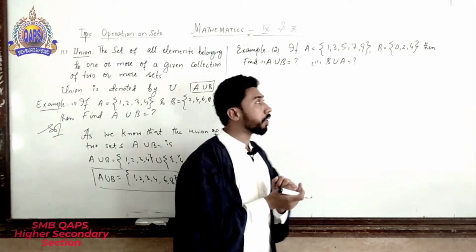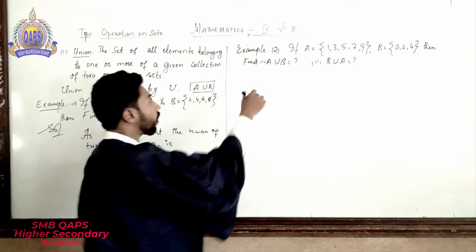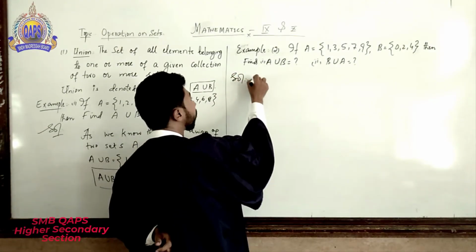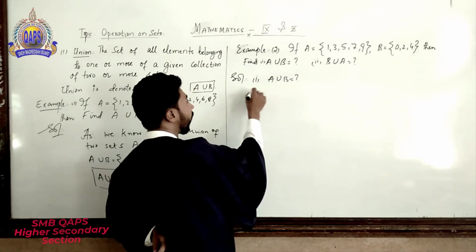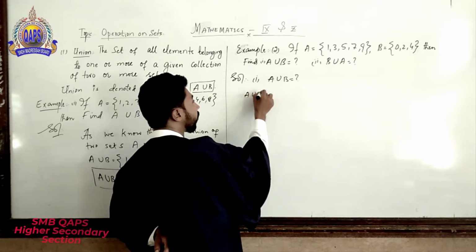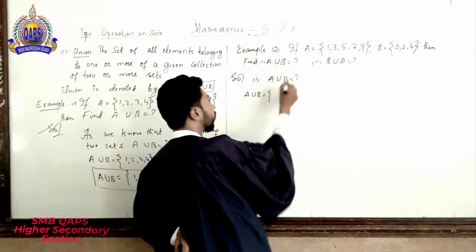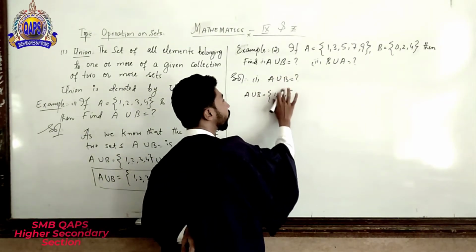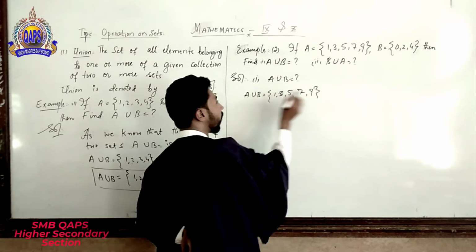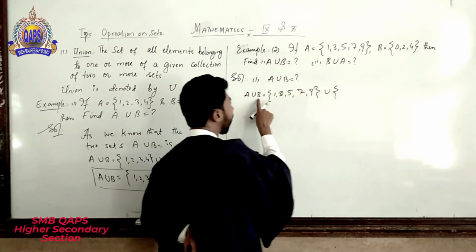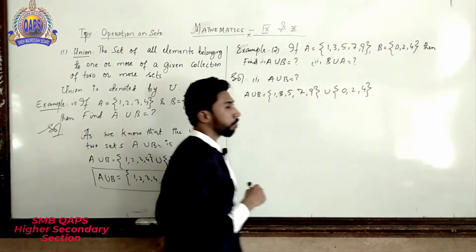So how can we solve it as a union of two given sets? Solution: number one, A union B. Set A contains 1, 3, 5, 7, 9, then we put U, and set B contains 0, 2, 4.